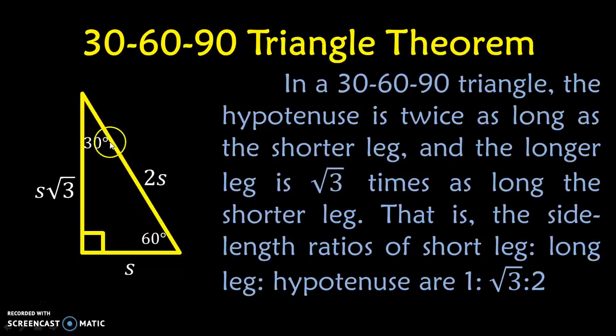Notice that 30 degrees is the smallest angle, so therefore its opposite side is the shortest leg. And the longer leg is the opposite of this angle, 60 degrees.